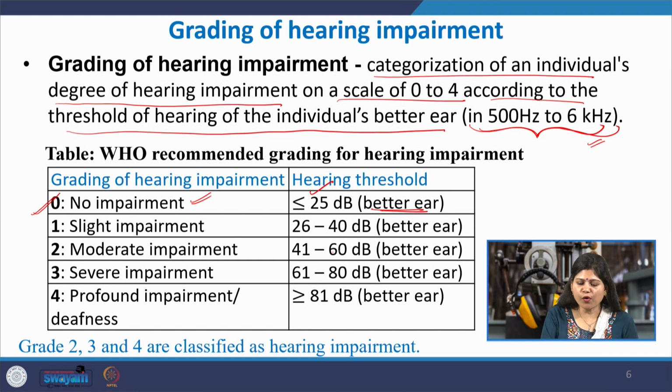Then 26 to 40 dB for the better ear is given a grading of 1, which essentially means slight impairment.